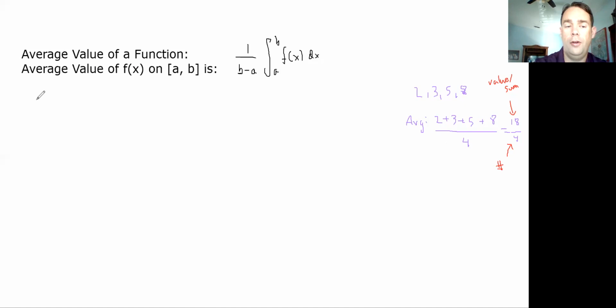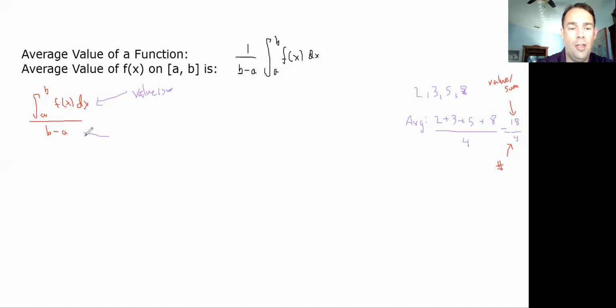Well, this is what's kind of going on here. Notice I could rewrite that average value of a function like this: the integral from a to b of f of x dx, if I put that b minus a underneath it. Now, if I were to have done that, what you end up getting here, friends, is essentially this up top here. That's the sum, just like we had back in middle school.